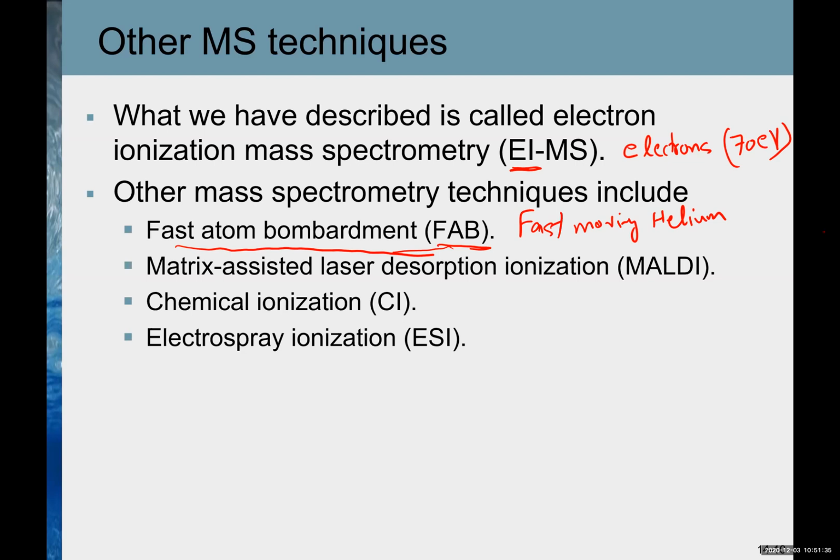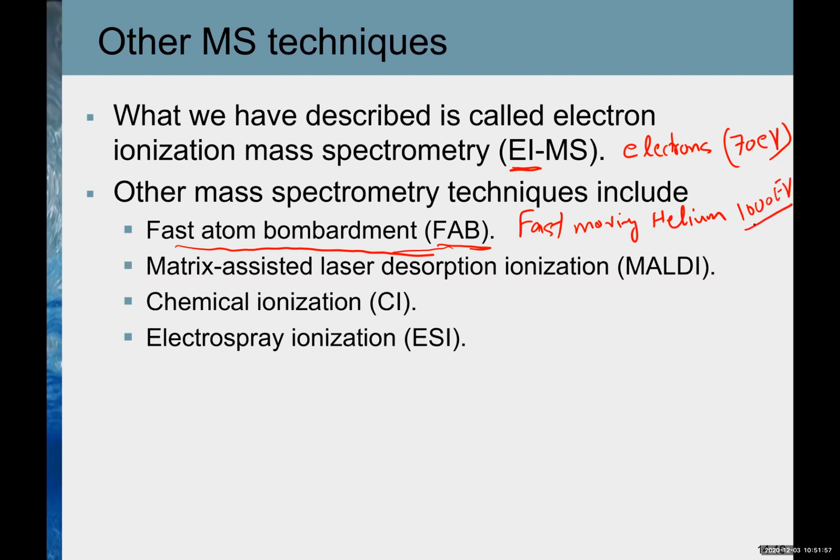Now, a helium atom is much larger than an electron, so the energy in this fast moving helium atom is also a lot higher. It's almost like 1000 electron volts or even more than that.